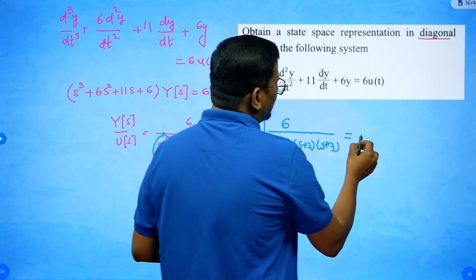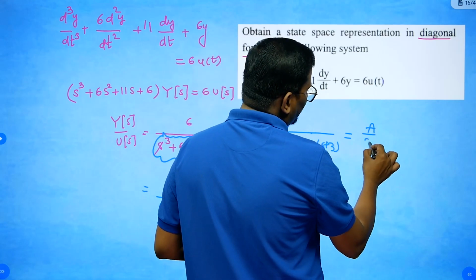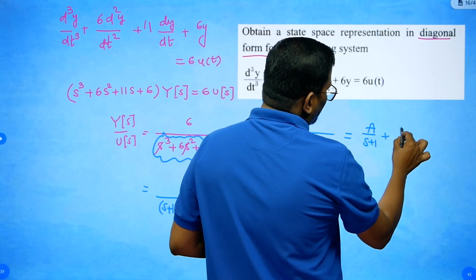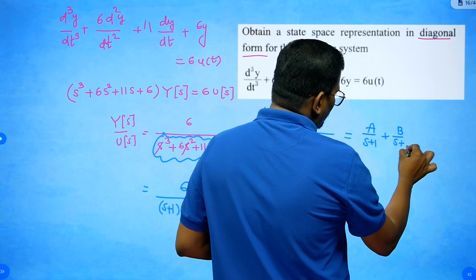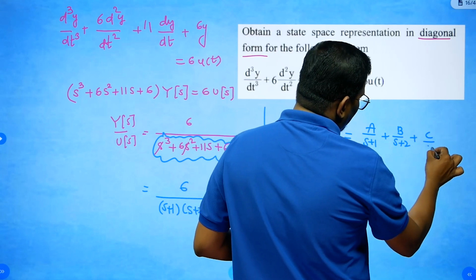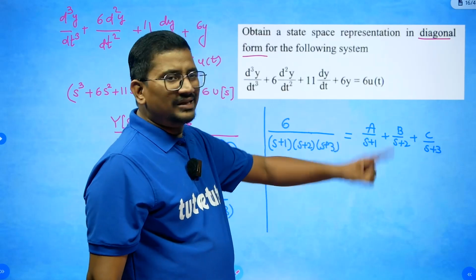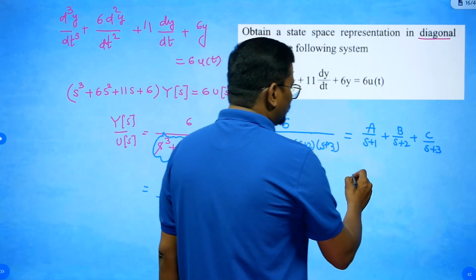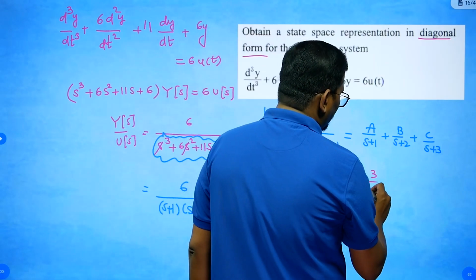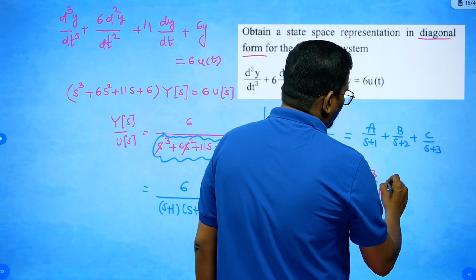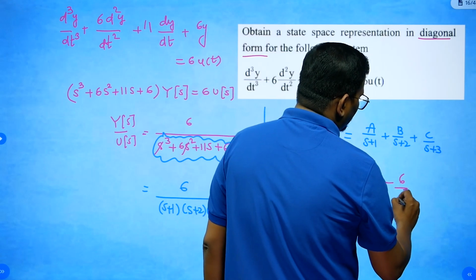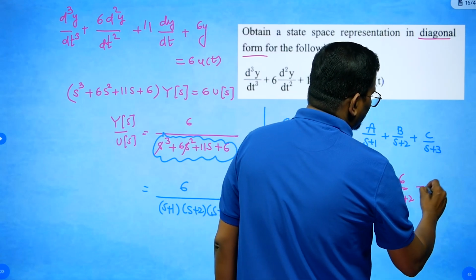Its partial fractions, can I write like this: A by (s plus 1) plus B by (s plus 2) plus C by (s plus 3). So after solving by rearranging the equations, you will get A is equal to 3, B is equal to minus 6, C is equal to 3.